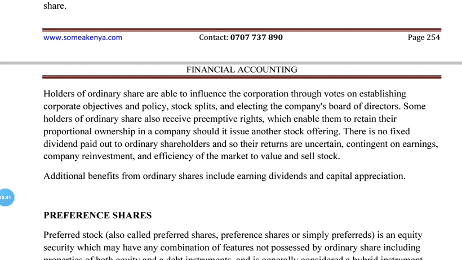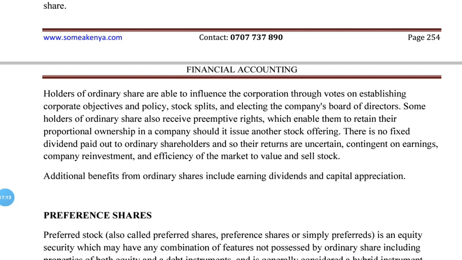And there is no fixed dividend paid out to ordinary shareholders, and so their returns are uncertain, contingent on earnings, company reinvestment, and the efficiency of the market to value and sell stock. So ordinary shares are so uncertain in terms of earning dividend. You are uncertain whether you will receive dividend in a particular year.